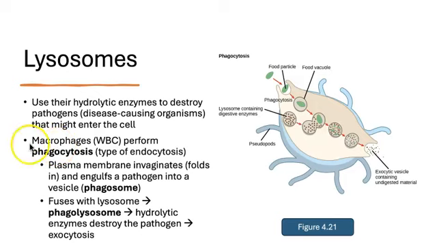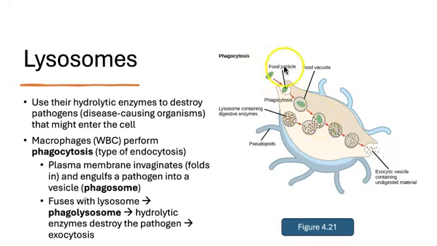Phago means to eat, and cyto, of course, is referring to the cell. So what it does is it will bring in the particle, whether it's food, waste, or a pathogen, and we will call this a food vacuole in this case, but it can come together and fuse with a lysosome so that we could get all of the digestive enzymes to then start breaking apart this food particle.